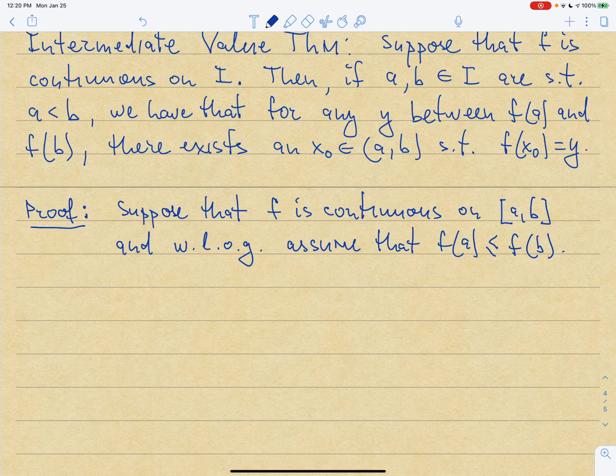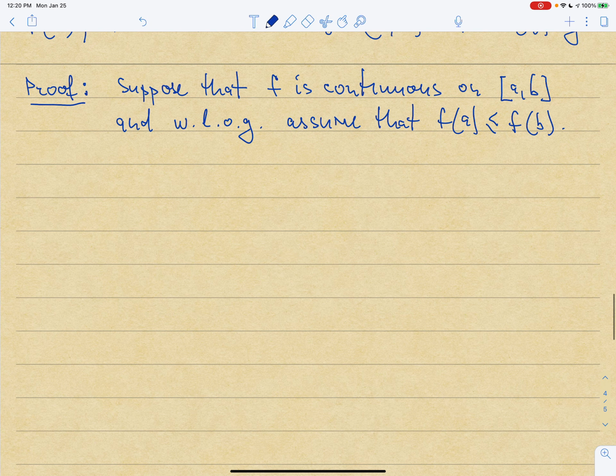Okay, so with this in mind, I'm going to choose any y between f of a and f of b.